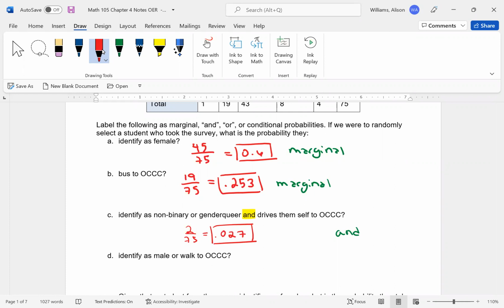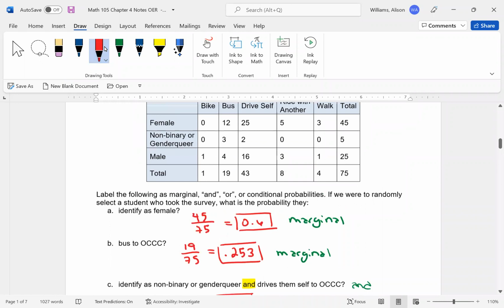Okay, so for this one, they identify as male or walk to OCCC. So or here gives away that we're working with an or probability. Here, I'll just put it up here. And I'll move the and up because it's bothering me that it's sitting out there by itself. So now we're looking at male or walk.